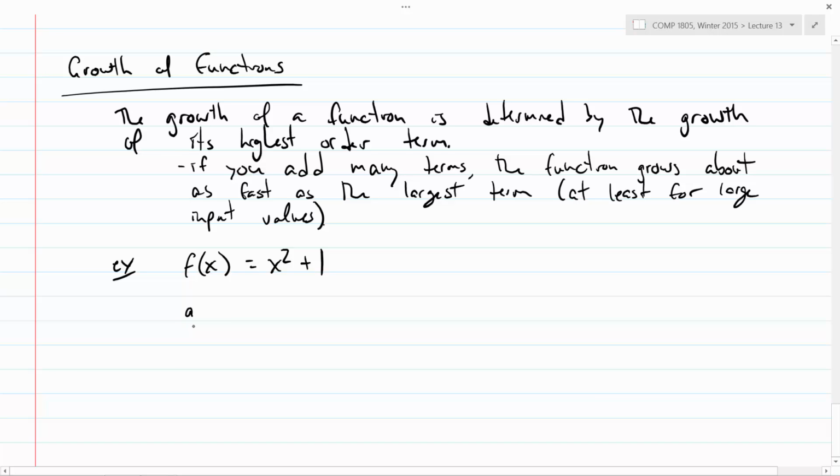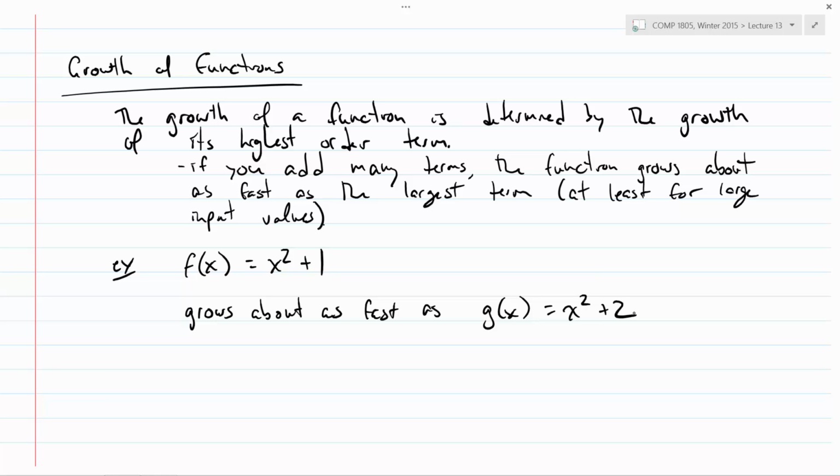This function grows about as fast as g of x equals x squared plus 2. It's just a little bit slower, but as x gets very, very large, plus 1 or plus 2 doesn't make a big difference. If I said to you, this house costs $500 million and 1 cent, who cares? It's about $500 million.